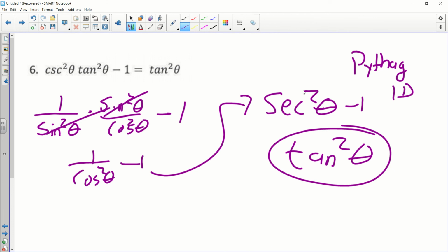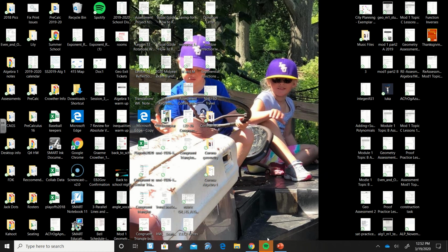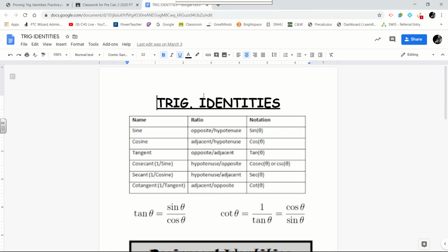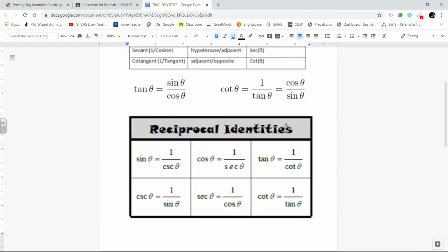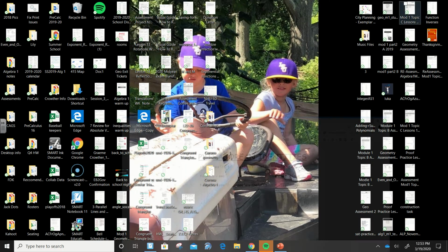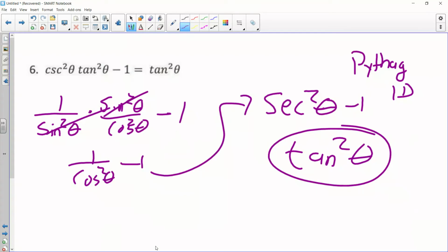And again, you have access to that in your digital Google Classroom Trig Identities paper if you do not have that paper with you and handy. So tangent squared of theta equals secant squared minus 1. That's the one I used to simplify problem number 6.